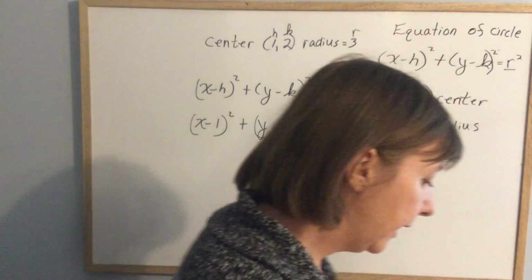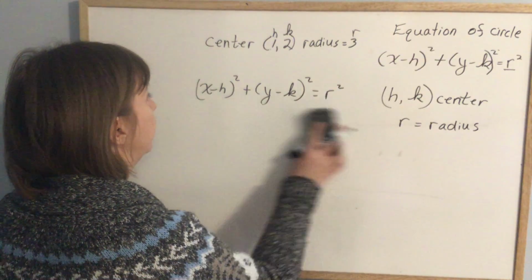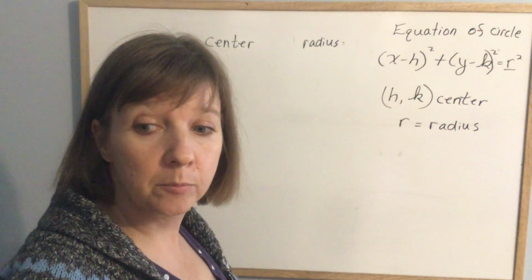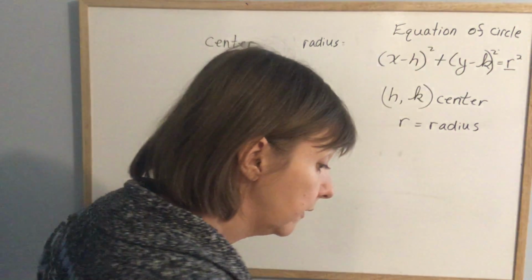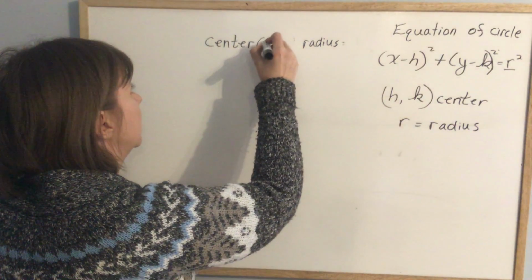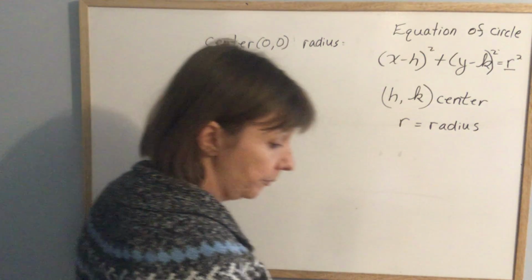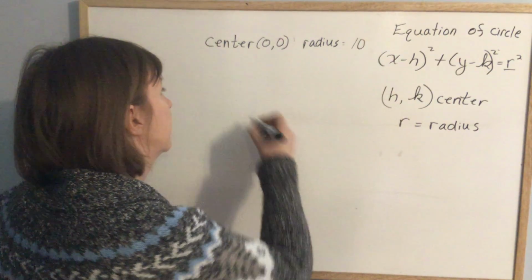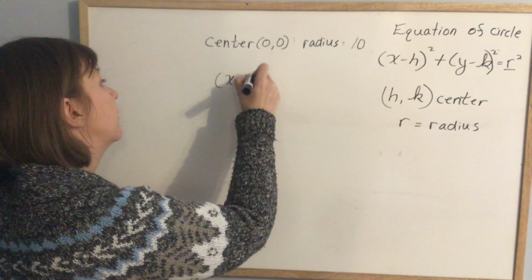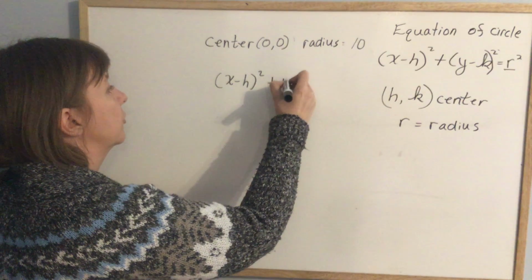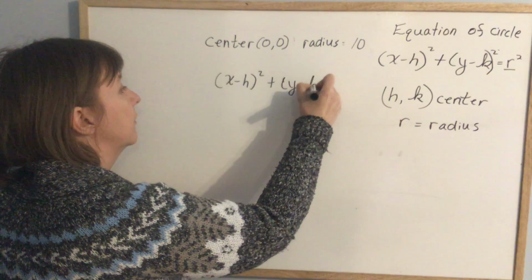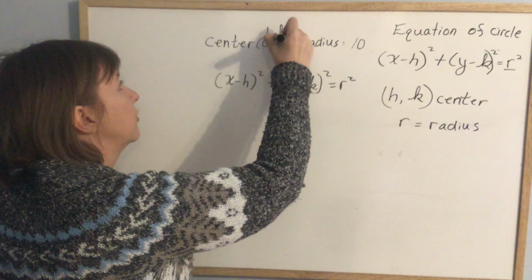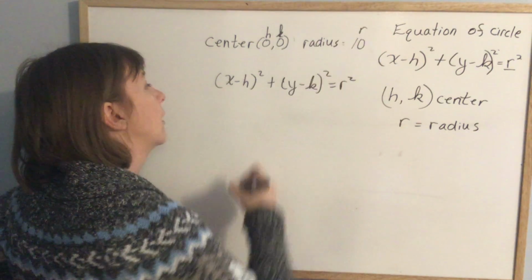And there's only 2 more examples, and they are very similar. So example number 2A says the center is 0 and 0, and the radius is 10. So again, if the form is x minus h squared plus y minus k squared equals r squared, this is my h, this is my k, this is my r.